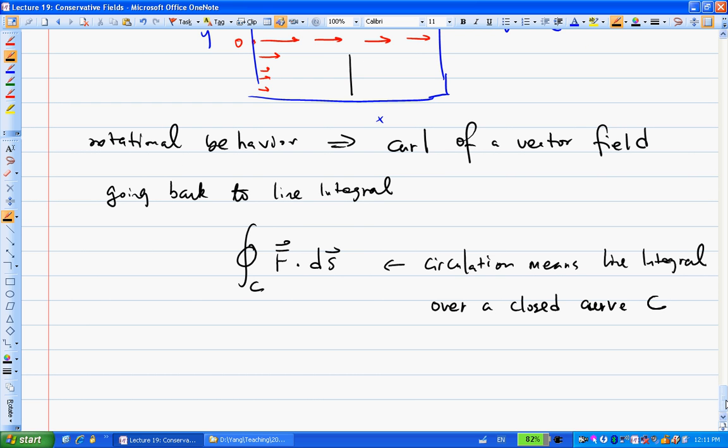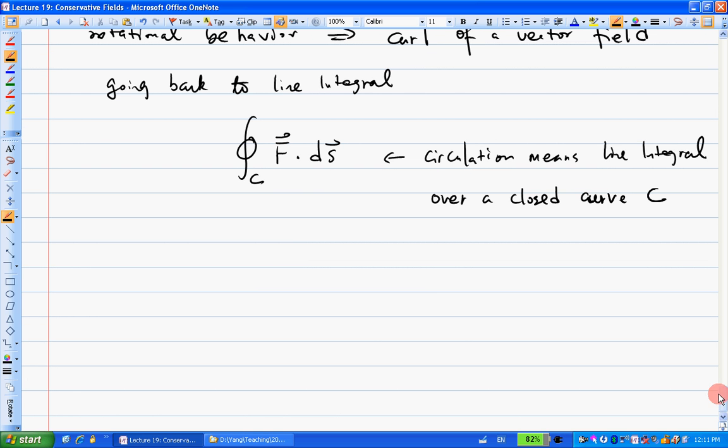Now, circulation is basically a sort of concept here. Let's see if I think about the circulation like this. I have a vector field, right? And C is some kind of closed curve. So let's use a simple case here. Maybe C is like so.